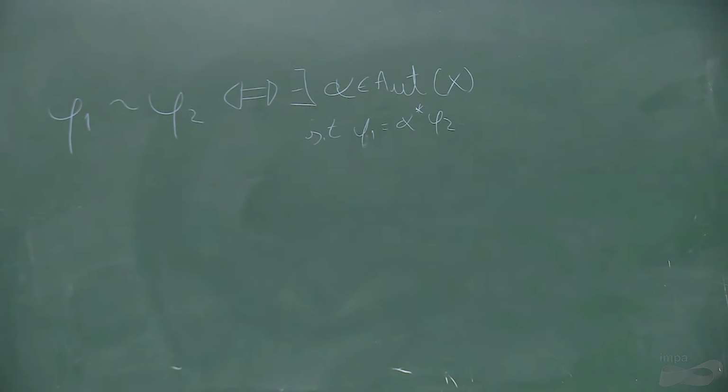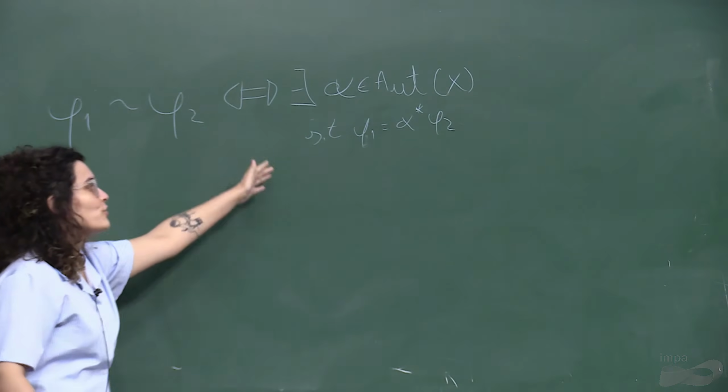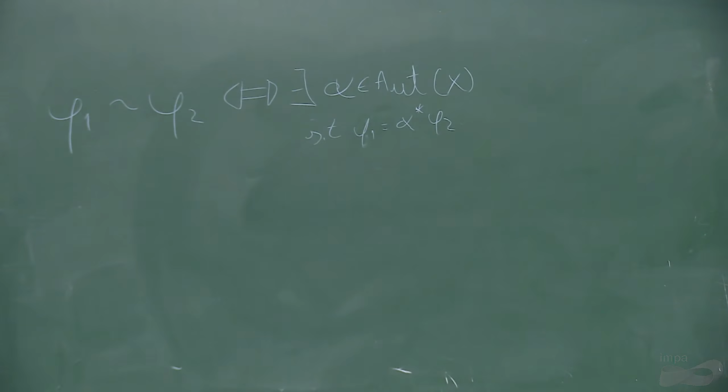So in this case, I is not finite, but if we consider this equivalence relation given by the automorphisms of the variety, then this set is finite.